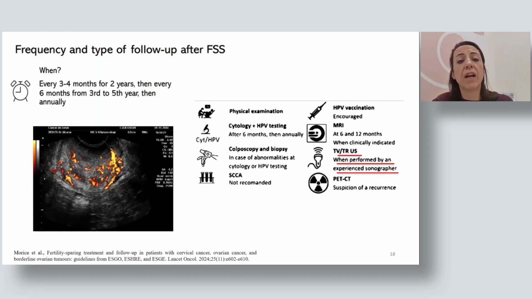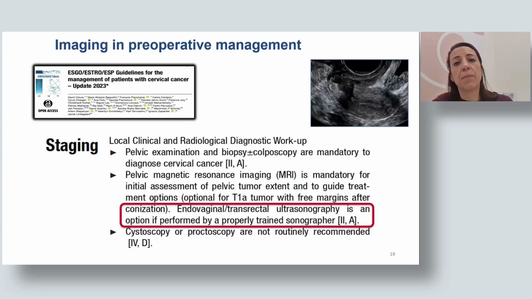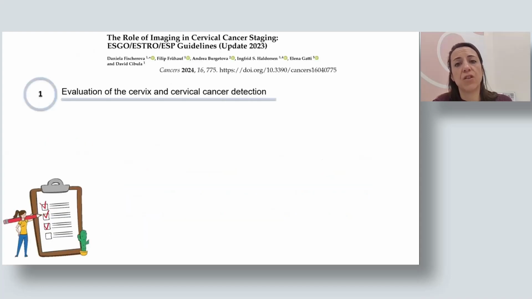We can also use ultrasound examination in the follow-up. It is not recommended in the guidelines, but in my institution, we also use ultrasound examination during follow-up. We can stage the disease, we can assess the spread of disease in these patients with ultrasound examination.